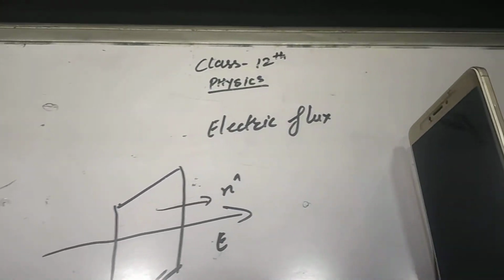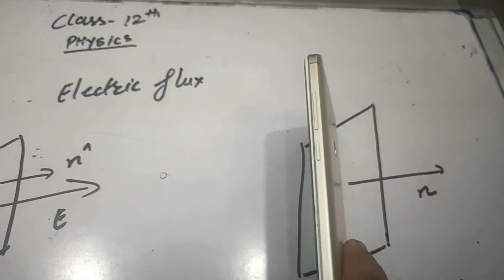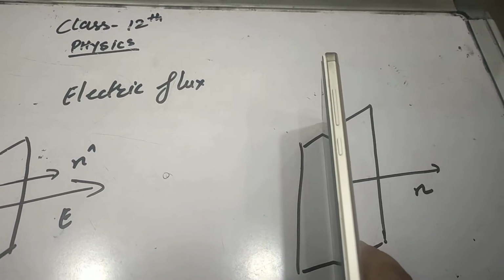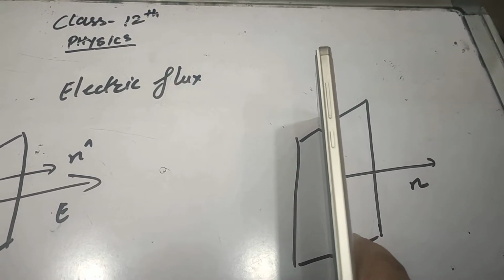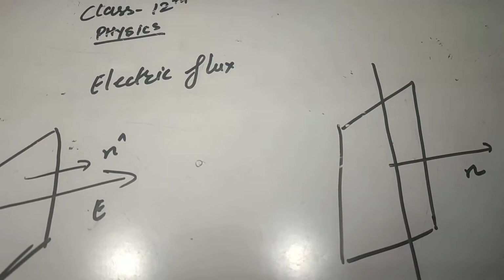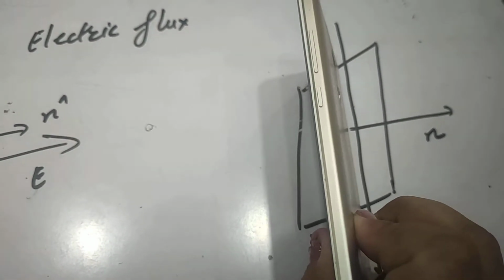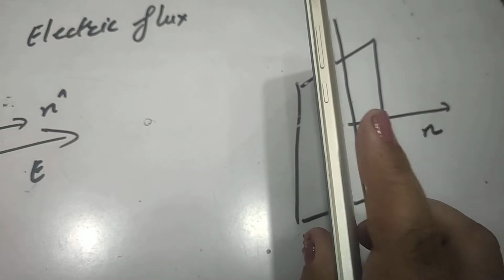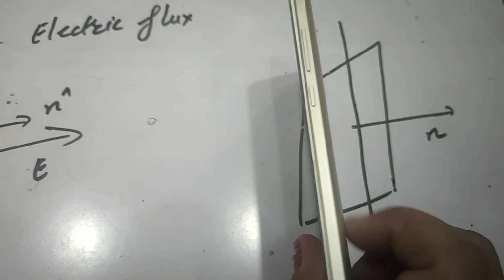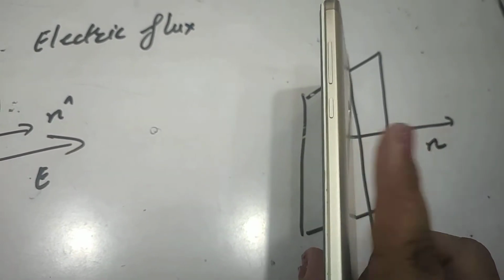Now if we assume this example, let us draw the field lines for this first. See here, if I keep the body here like this, field lines are parallel to the surface. It means they will cross this surface like this, and normal to the surface is n.